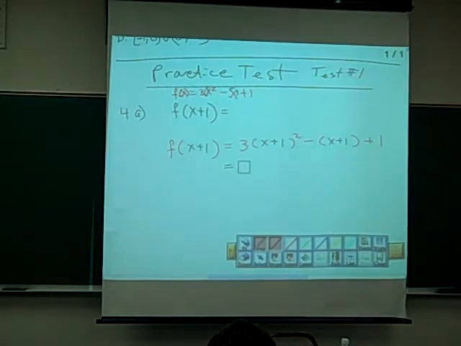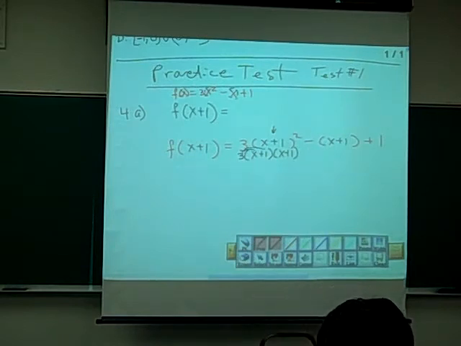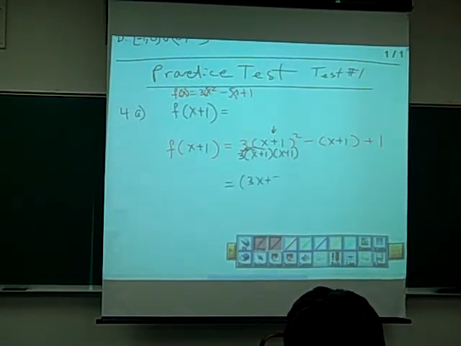Could you continue? Yeah, sure. Now here, can we do x squared plus 1 squared? No, we can't, because of the addition sign. But what we can do is put 3 times x plus 1 times x plus 1. We're squaring the quantity x plus 1. Then we can distribute the 3 into the first one, so now we have 3x plus 3, parentheses, x plus 1.